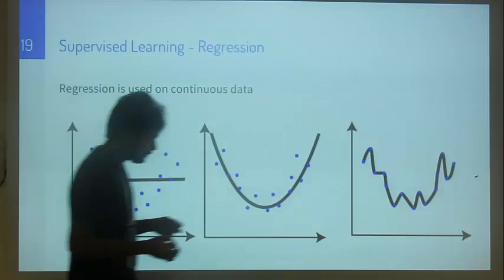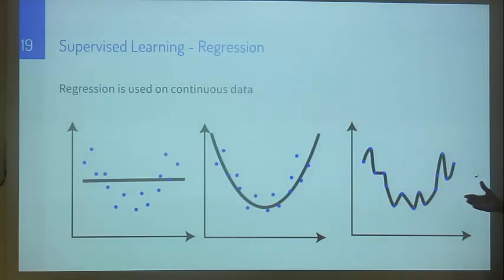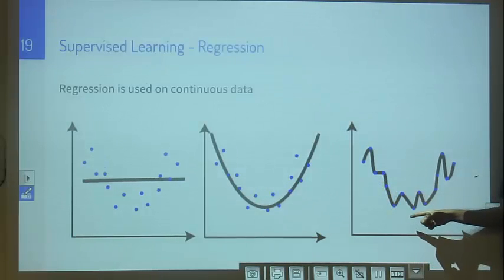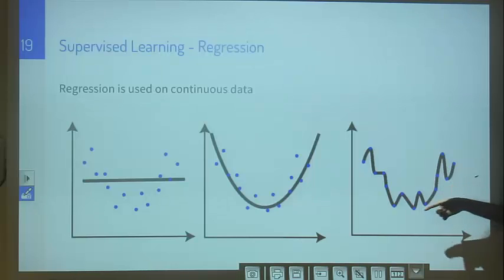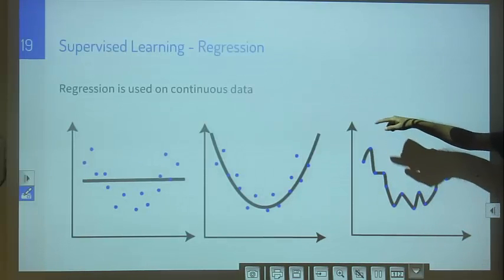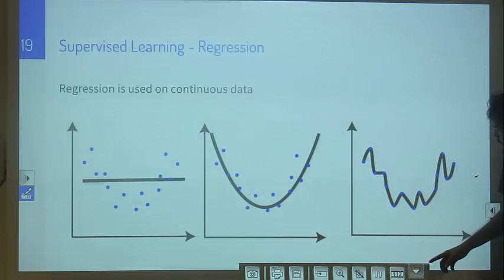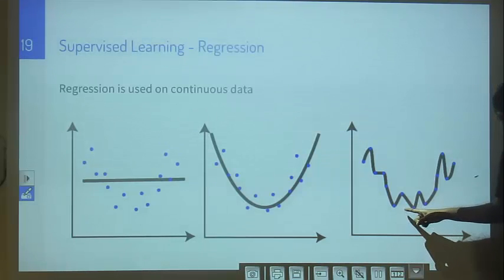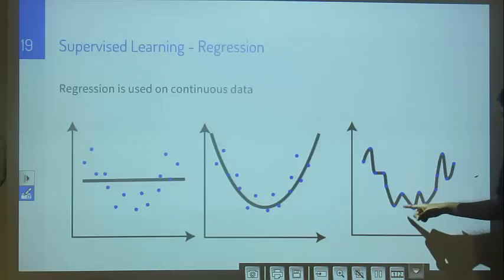So this might seem a good model for your training data only, right? Because when you get a new value, you get it somewhere like this, right? But your model doesn't go anywhere near that, right? So let's say if we get a new value here, there's a big error between your curve and the new value.